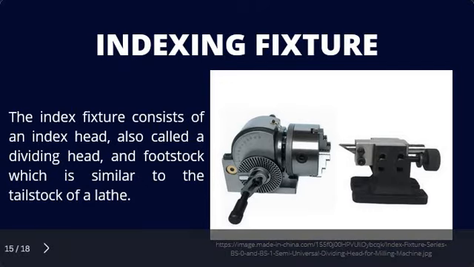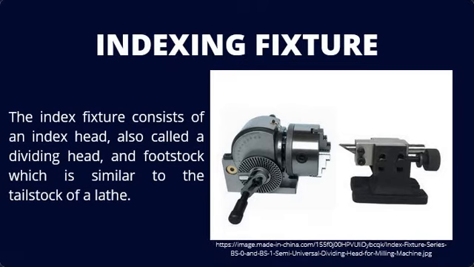Workpieces are held between centers by the index head spindle and the footstock. Workpieces may also be held in a chuck mounted to the index head spindle or may be fitted directly into the taper spindle recess of some indexing fixtures. There are many variations of the indexing fixture.